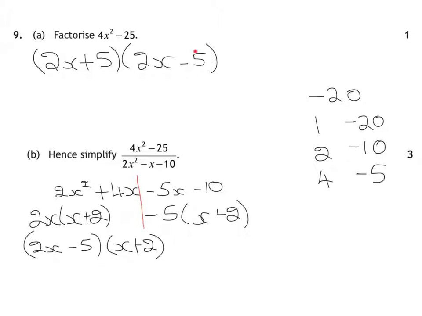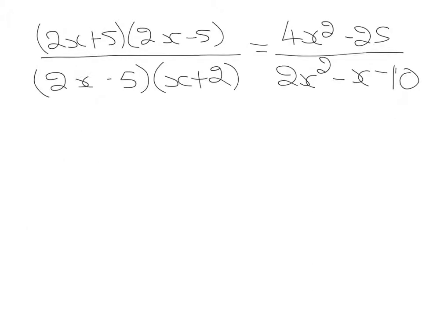So we've simplified the top, we've simplified the bottom. Now we want to look and see what we've got the same that we can cancel out. Okay, so we have rewritten this. This is what we started with, 4x squared minus 25 over 2x squared minus x minus 10. We've put top and bottom both back into brackets.